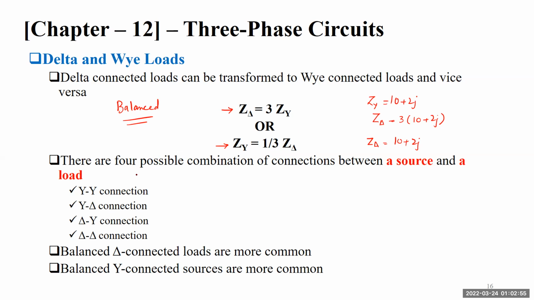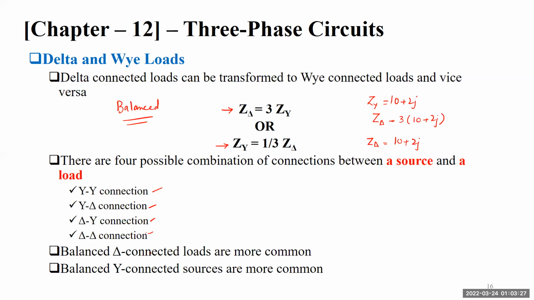Now there are 4 possible combinations of connections between a source and a load. A source can be connected in Y and a load can be connected in delta or Y. Similarly, a source can be delta and a load can be either Y or delta. In our practical power systems, or in our daily scenario, any of these combinations come into play.